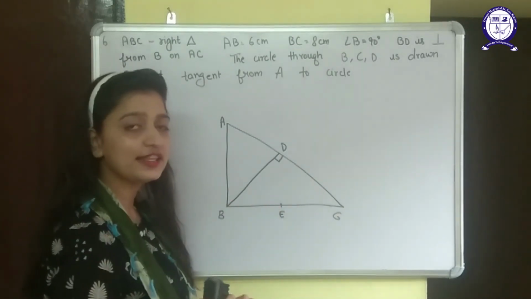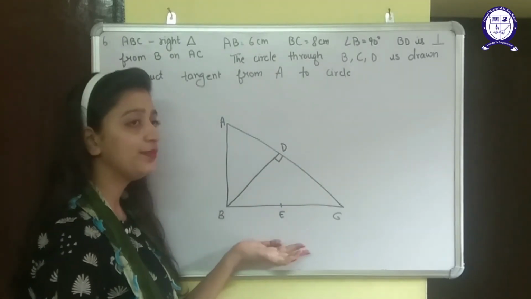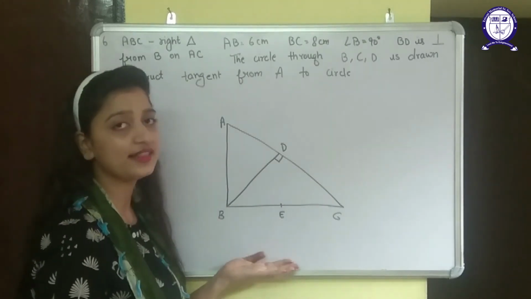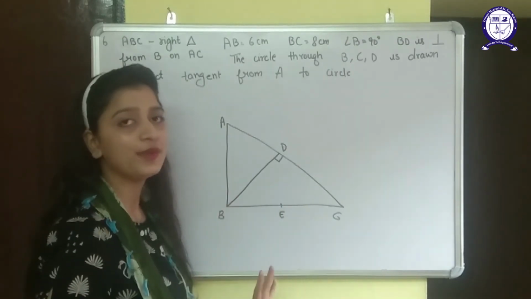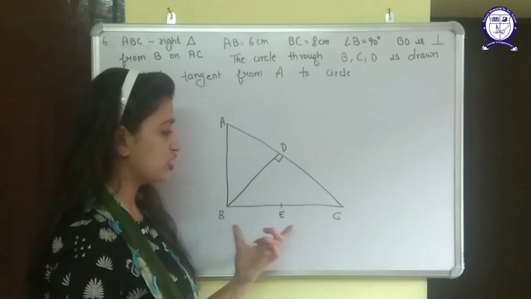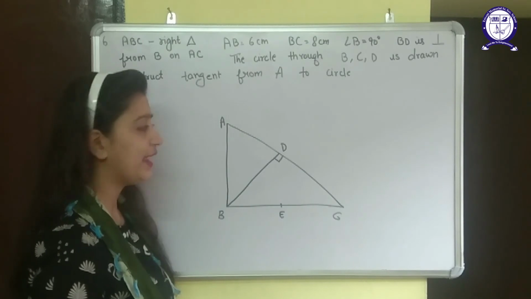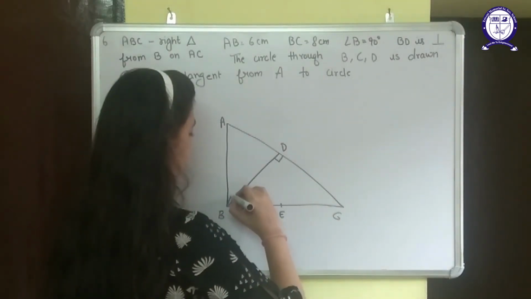You can find the center by drawing the perpendicular bisector also, but this figure will become very messy. It will be very difficult to understand then. So instead of making the perpendicular bisector, take it by the scale. This complete line is 8 centimeter, so this will be 4 centimeter. We will take the point E and we will draw the circle like this.